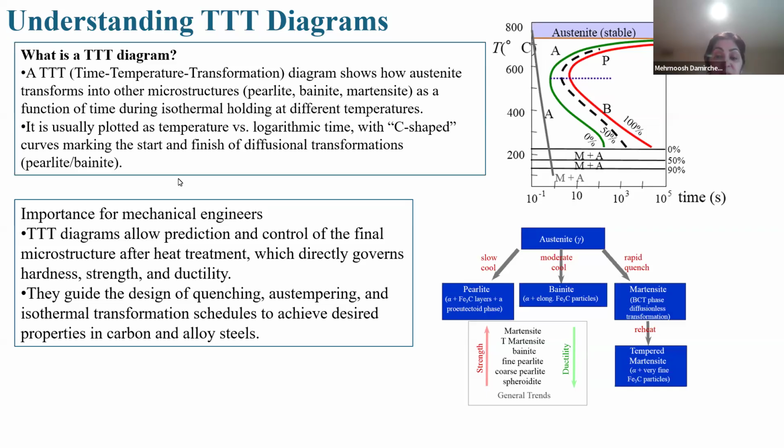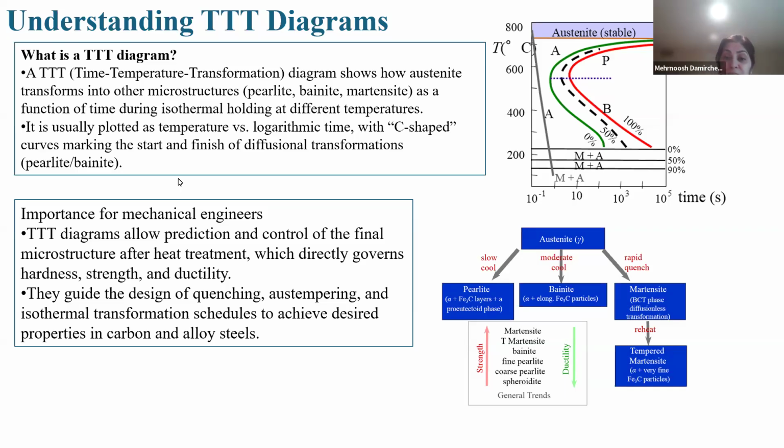And we are able to predict and control final properties such as hardness, strength, ductility, and brittleness by selecting appropriate holding times and temperatures, or how much temperature the heat treatment or cooling should be at.